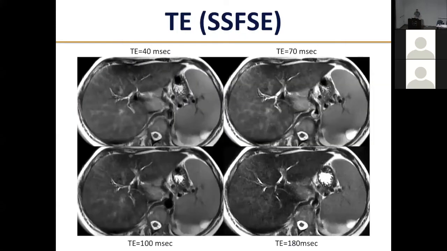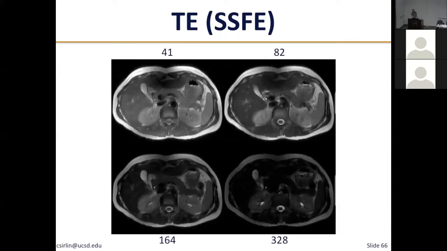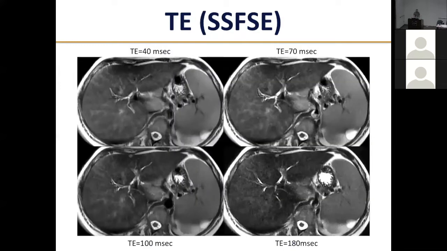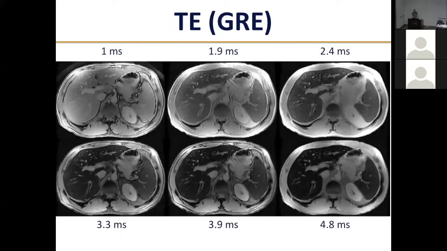At any rate, another thing I want to point out is that on spin echo sequences, the range of TEs might go from, say, 40 to 180, or even, as shown on the previous example, from 40 to 300 or something like that. That's on spin echo type sequences. On gradient echo sequences, we lose signal much more rapidly, so the echo range tends to be shorter.